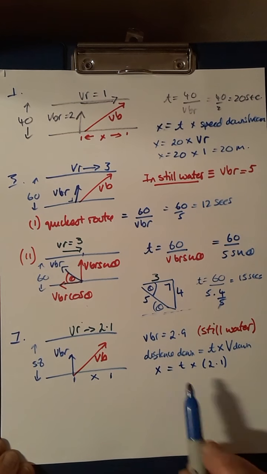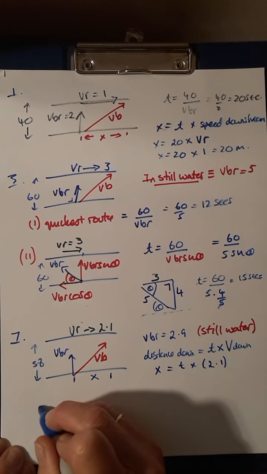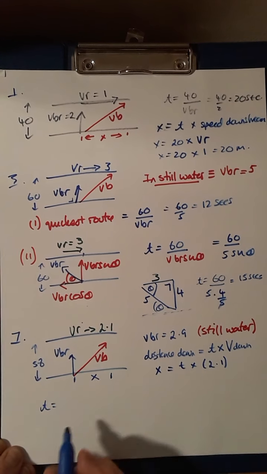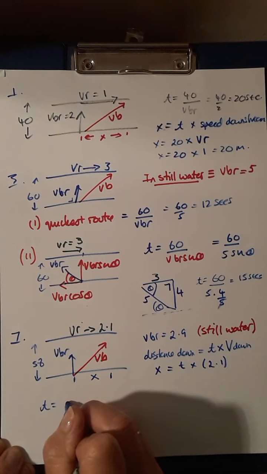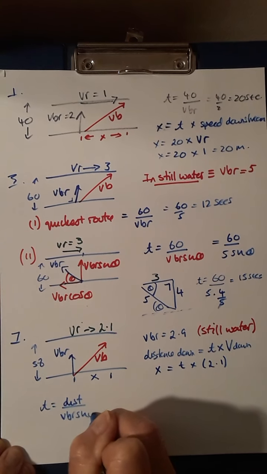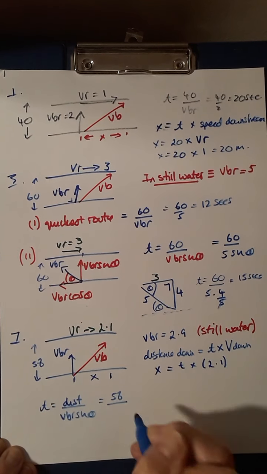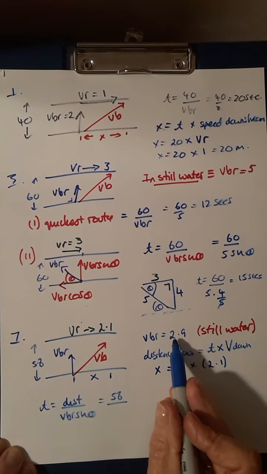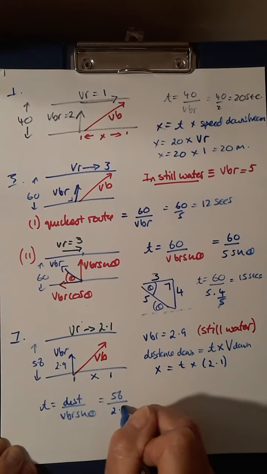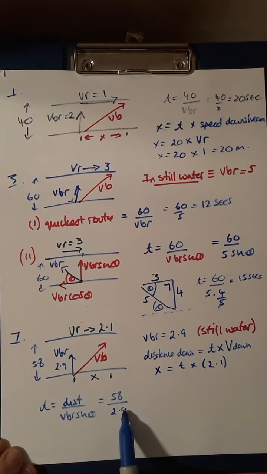Okay, so let's find the crossing time. The crossing time T is distance divided by VBR sine theta, which in this case is 58 over the VBR is 2.9 by the sine of theta, which of course is just sine of 90, which is 1.